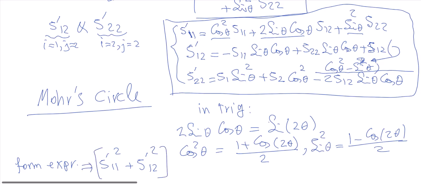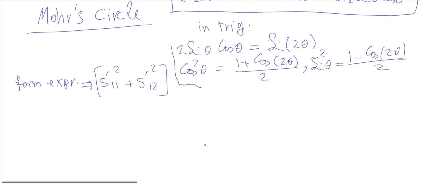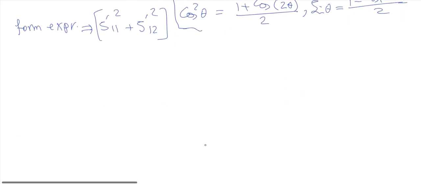Form this expression after you replace theta by 2 theta. And of course, you can find it for the third one. And if you do that, then you will get an equation or a set of equations that looks like this.